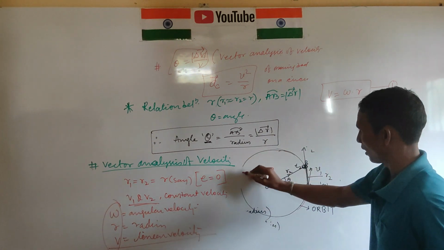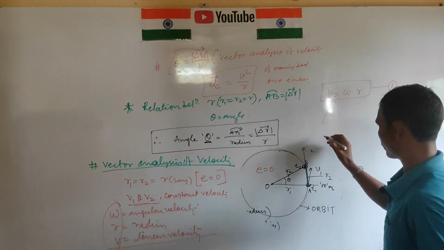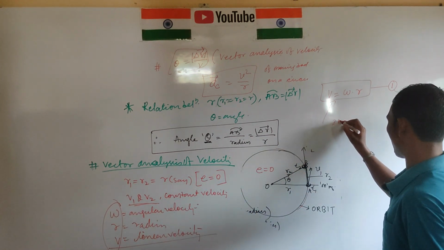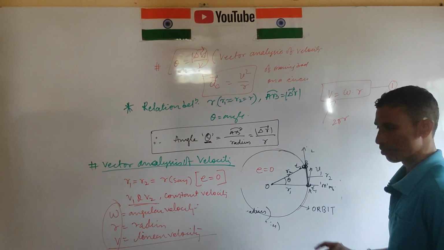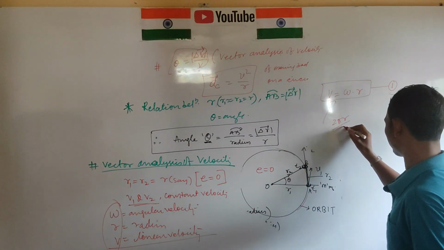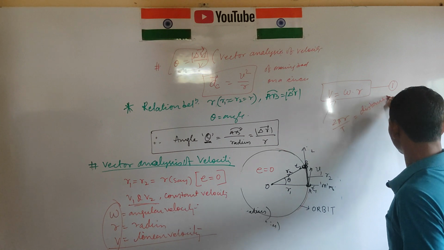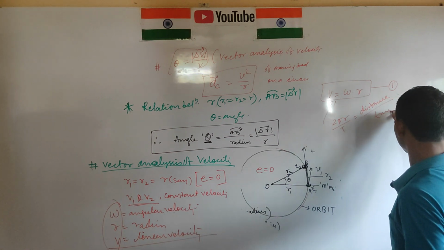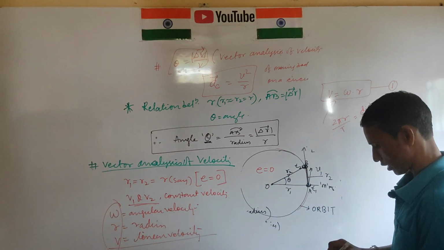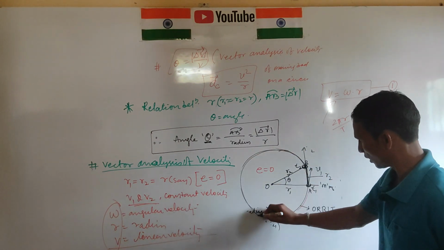Suppose that this is the circumference. The complete circumference is 2 pi r. The time period is T. This is the distance, and this is the time taken when the body moves like this. The body starts from point P and completes one cycle.